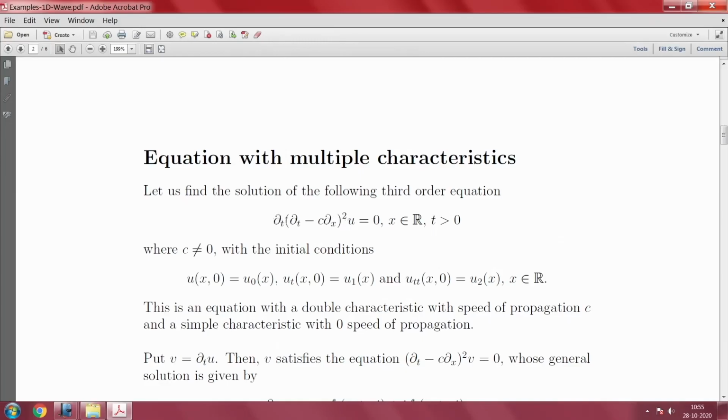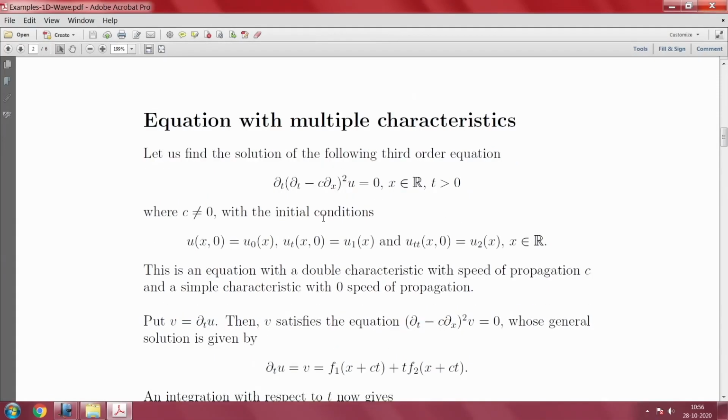So, you can say that there is one simple speed of propagation 0 and a double characteristic with speed of propagation c, taking c_0 equal to 0, otherwise it will be just ∂_t cubed. Okay. Just an illustration of how the solution looks in comparison with D'Alembert's formula.